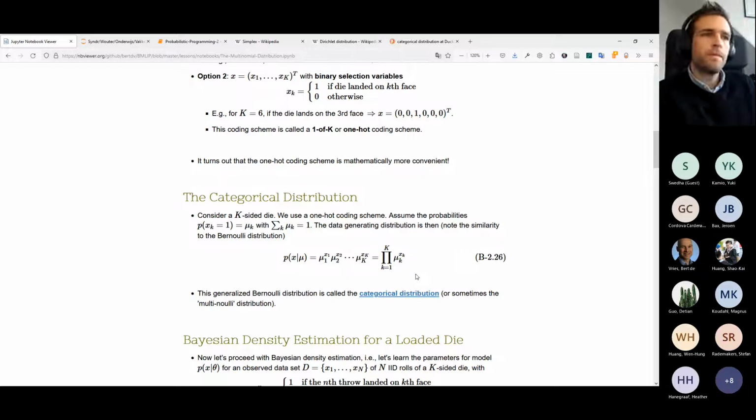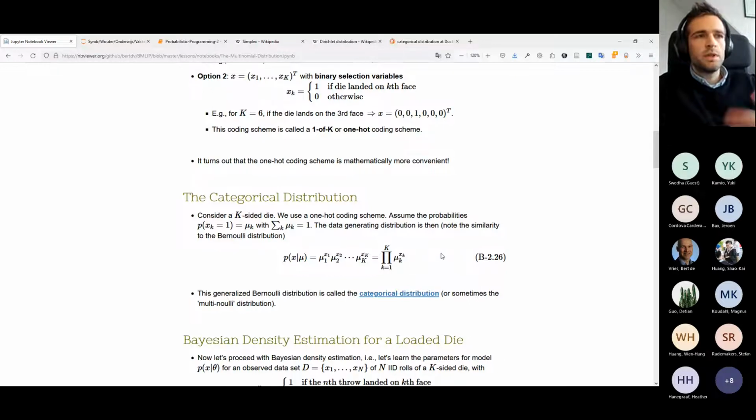Whereas here I explicitly describe each of the outcomes. You can think of a Bernoulli as a special case, where capital K is 2. I'll have mu1 to the power x1 and I'll have mu2 to the power x2. But in the Bernoulli case, because it's binary, we know that mu2 is actually 1 minus mu1. So that's basically what's described here. You'll have mu1 to the power x1 times 1 minus mu1 to the power x2.